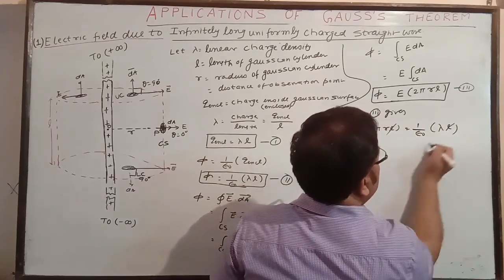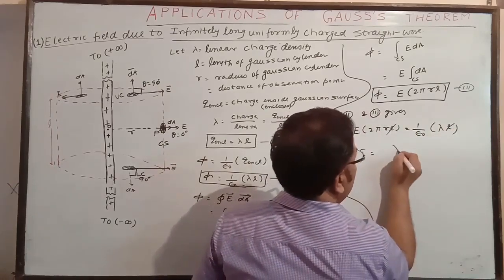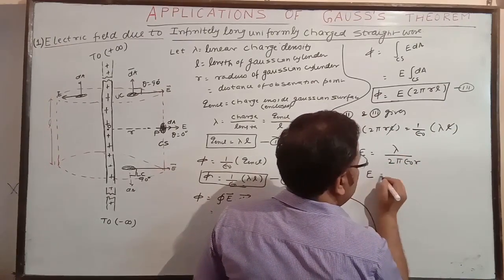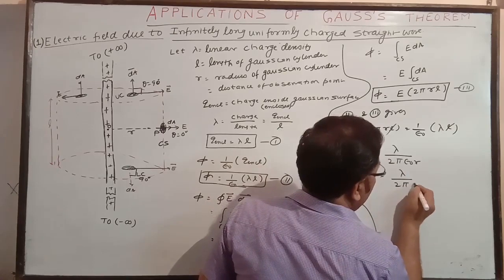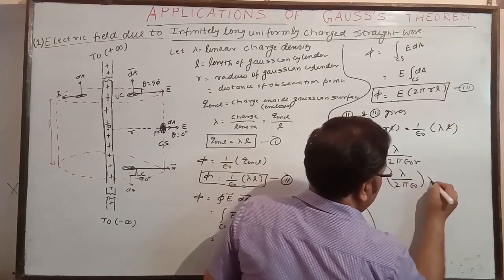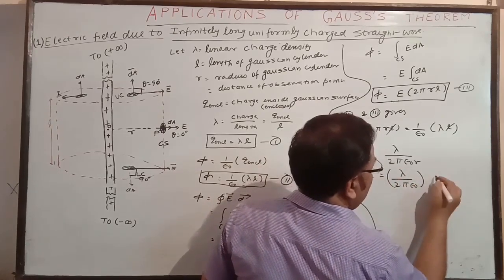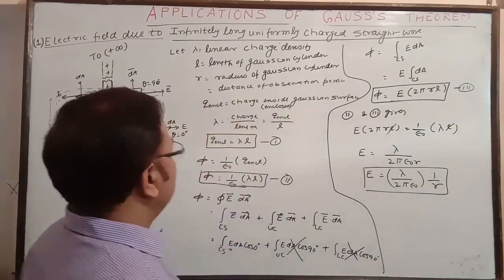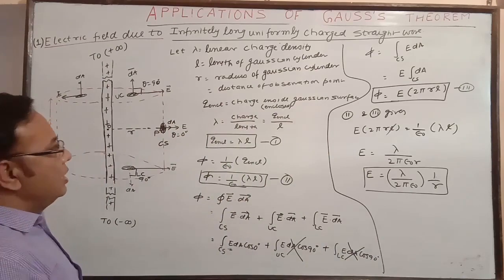Here L and L cancel out, so E is equal to lambda by 2 pi epsilon naught into R. This is 1 by R, not R. What you are getting is that the electric field is directed away.